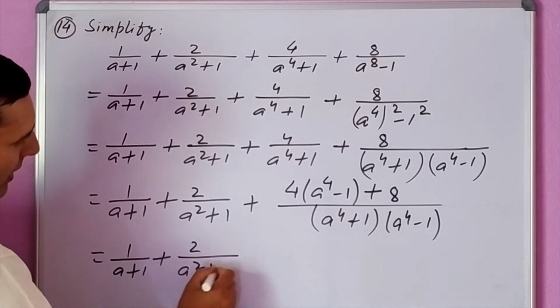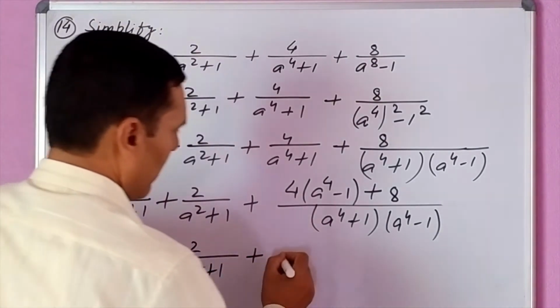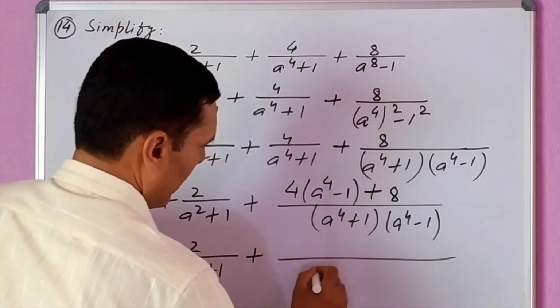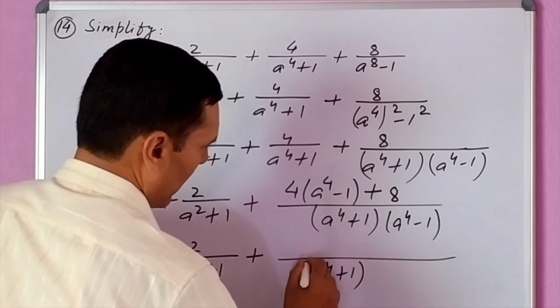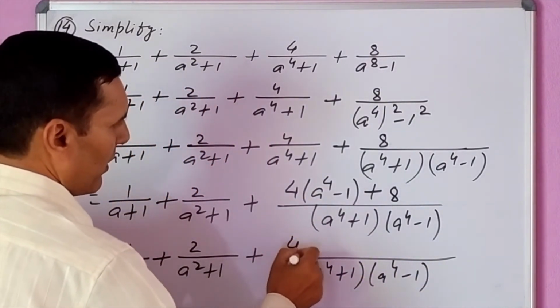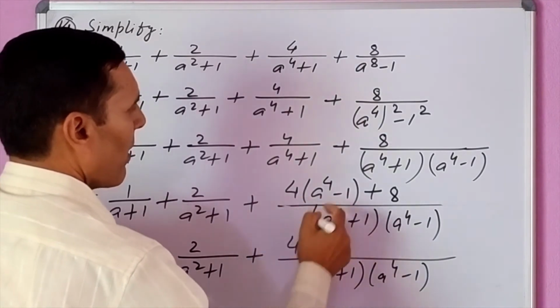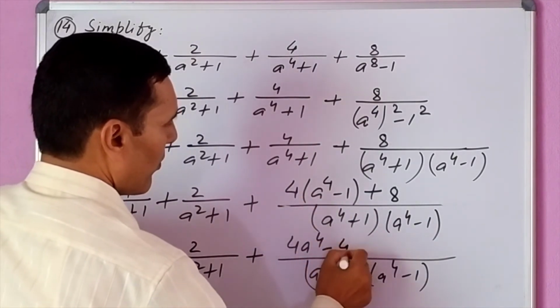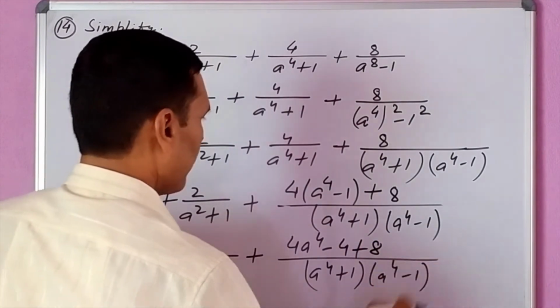First term and second term as it is. Denominator (a^4 + 1)(a^4 - 1). So it is 4a^4 - 4 + 8.